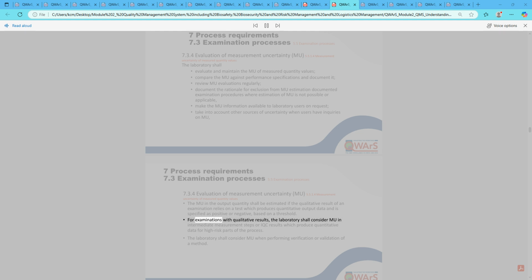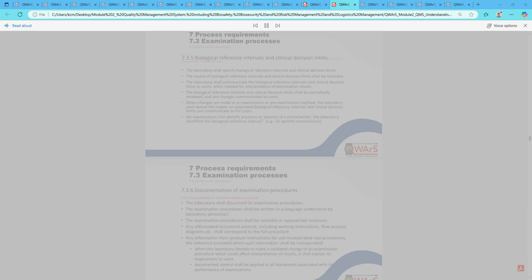For examinations with qualitative results, the laboratory shall consider MU in intermediate measurement steps, or IQC results, which produce quantitative data for high-risk parts of the process. The laboratory shall consider MU when performing verification or validation of a method.